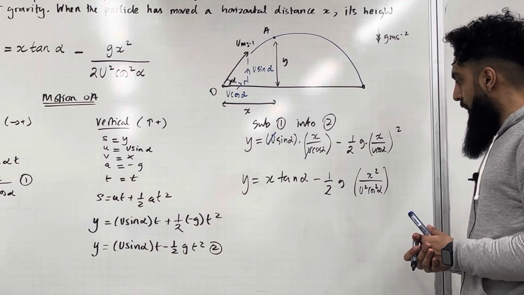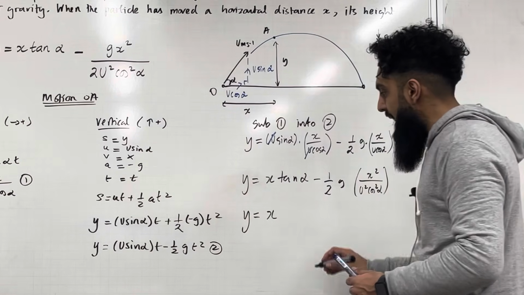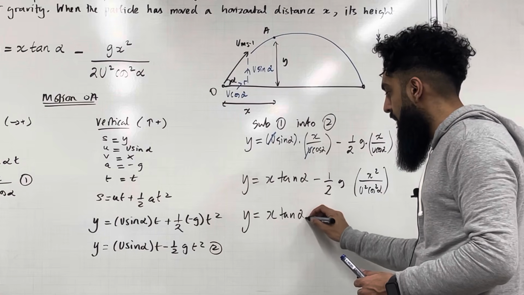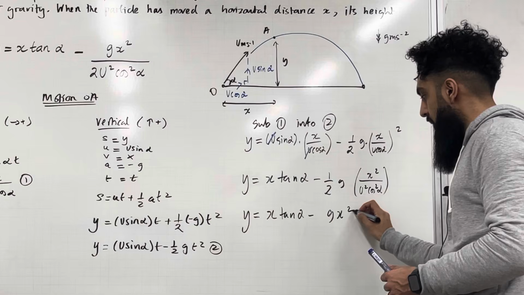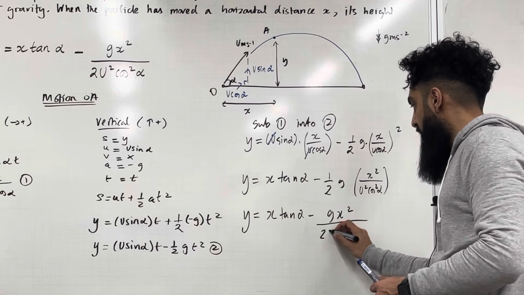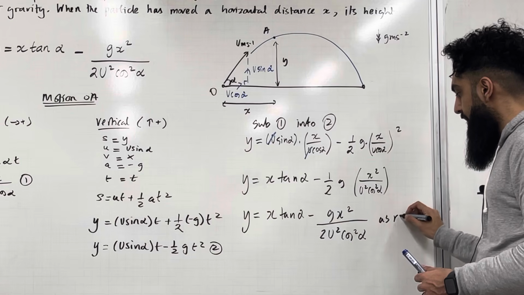Right, okay, so if I further simplify, I get y equal x tan alpha minus gx squared all over 2u squared cos squared alpha as required.